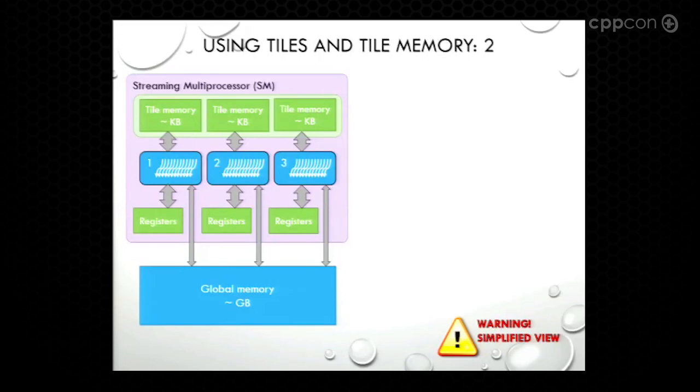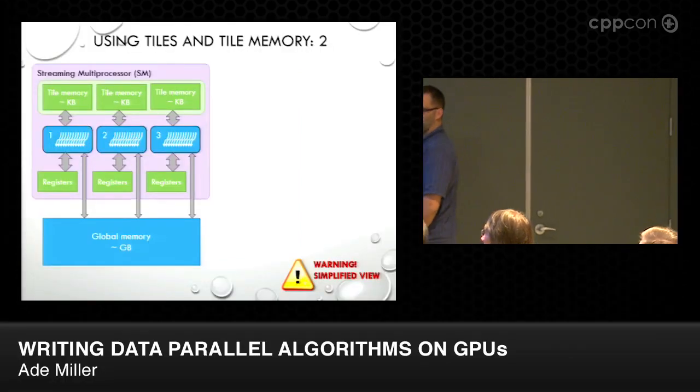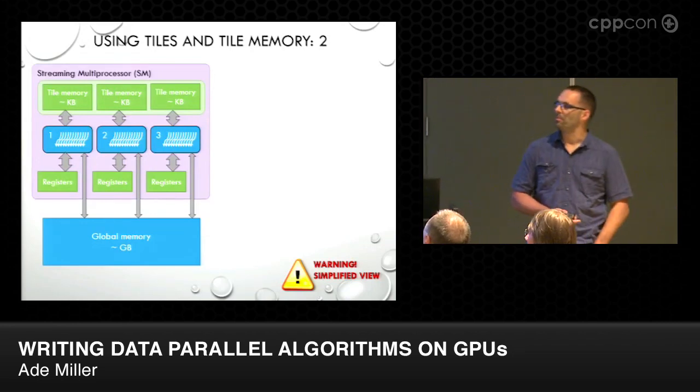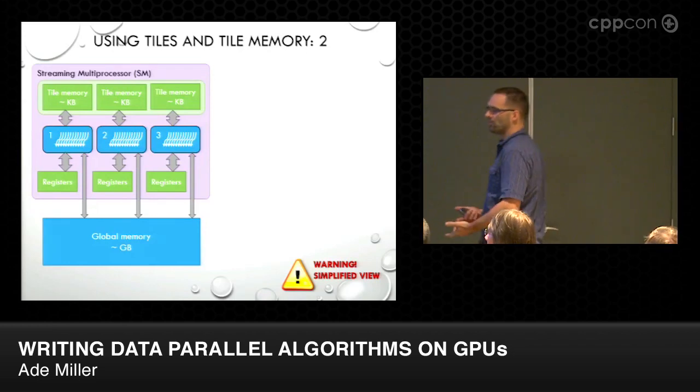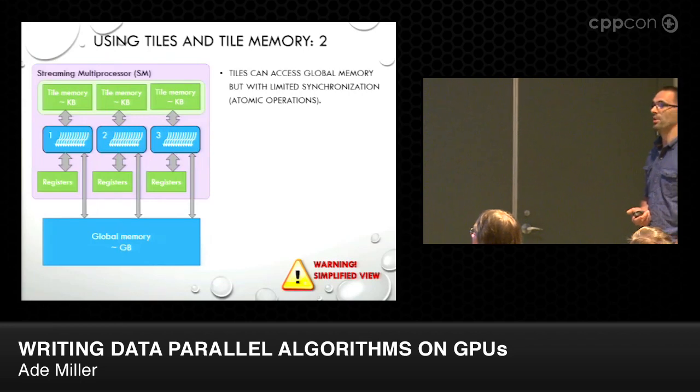So that was sort of how I schedule things. What does my memory look like? Well, I've got this big block of global memory. Typically, a GPU today has several gigabytes. Tiles get scheduled on what NVIDIA calls a symmetric multiprocessor, or SM. I'm scheduling these tiles. I'm trying to hide latency. There are only certain things that I can synchronize here.